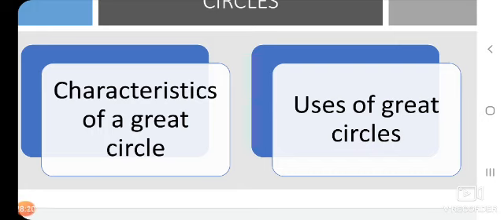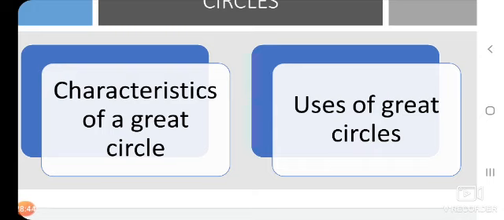Great circles are also used by meteorologists to determine the climate and weather conditions in a region. To sum up, the uses of the great circles are that they are used by the navigators, who need to know the routes, and by the meteorologists.